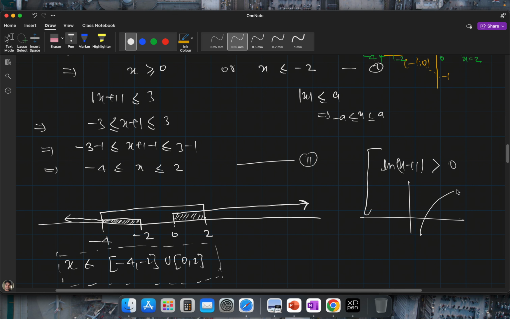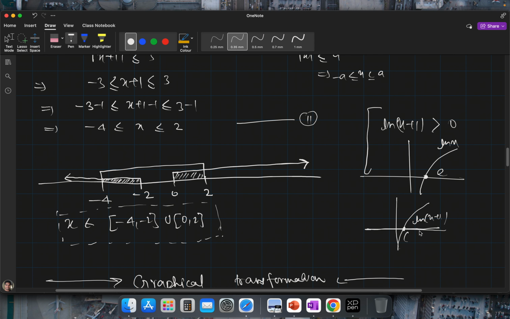Now someone is asking, I want to ask such x where ln(x + 1) is always greater than 0. So earlier it was e, now it has been shifted left, so this will be e minus 1. So the solution will be x must be greater than e minus 1. So this is the solution. Then you can see that this is that restriction, that x plus 1 must always be greater than 0.